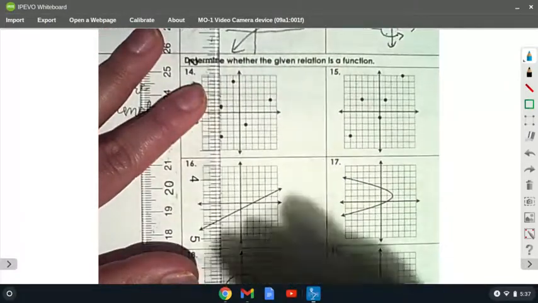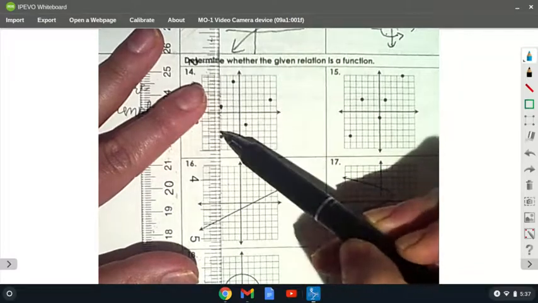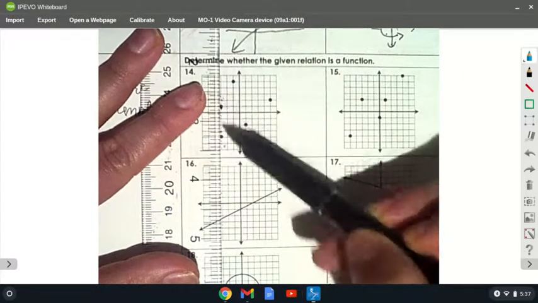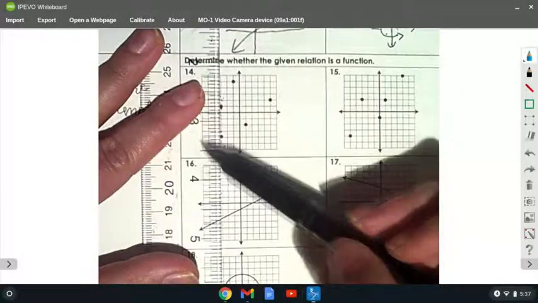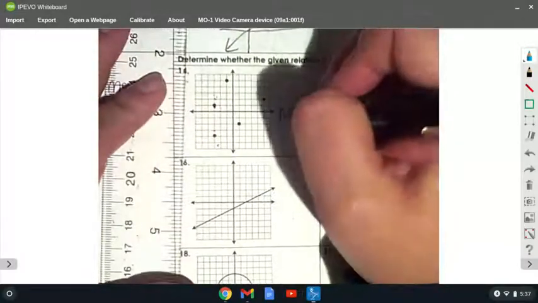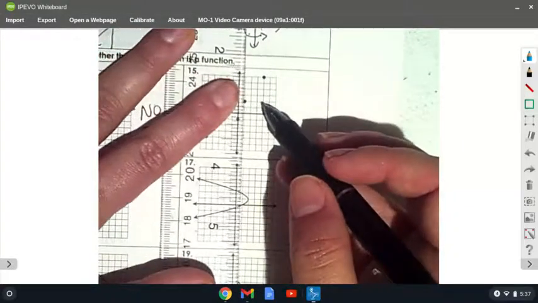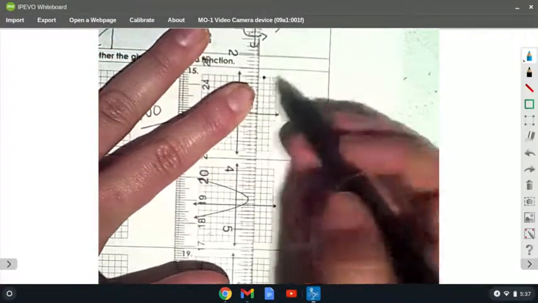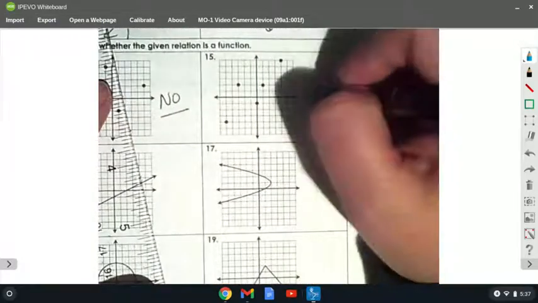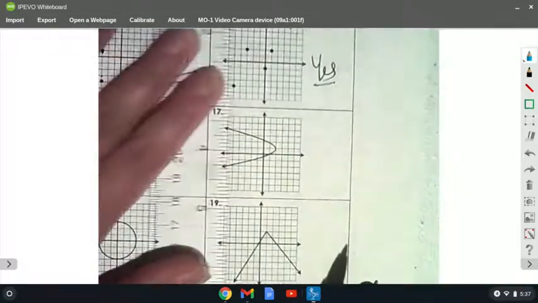Discrete graphs do not have lines. So if I look here, these two dots have the same x value. They're hitting my ruler, my vertical line at the same time. So this is not a function. Over here, none of these dots have another one with them when I drag my vertical line over it. So this would be a function.